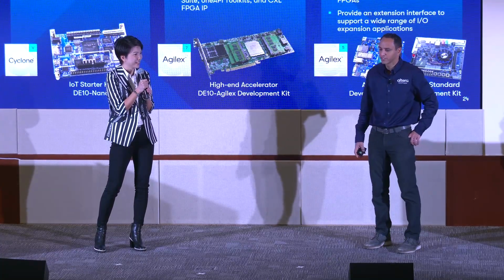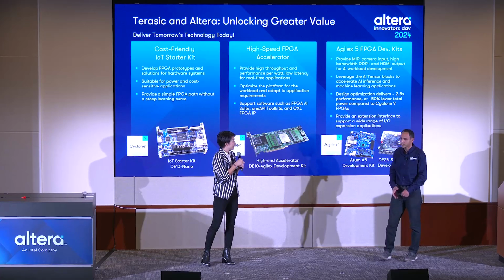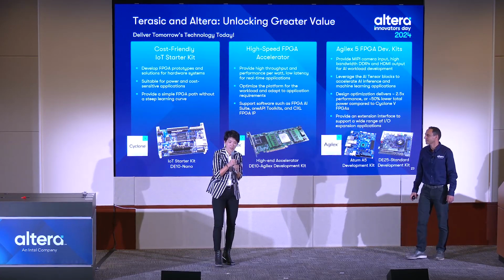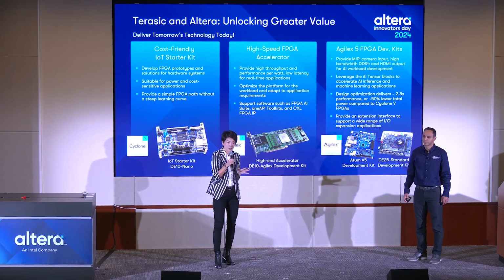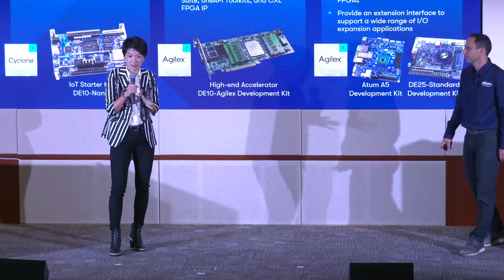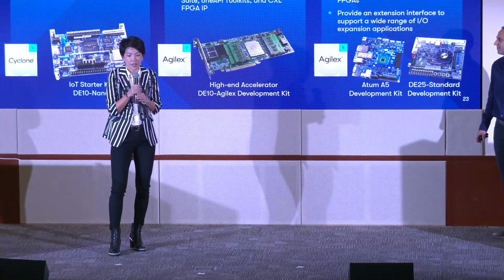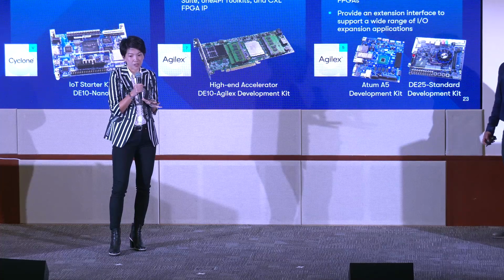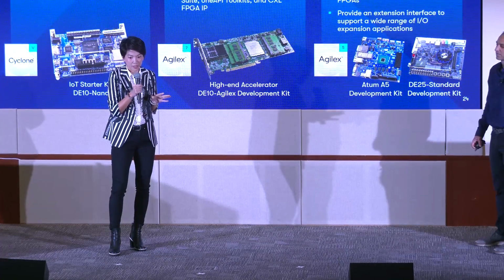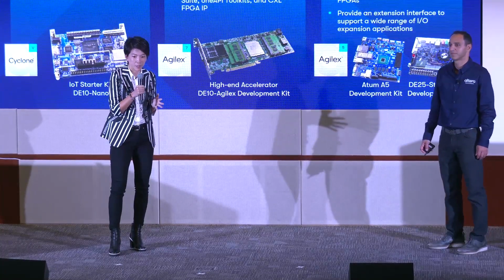Maybe you can tell us a little more about the Agilex 5 platforms here. Of course. At Terasic, we offer platforms based on different densities of the Altera Agilex 5 FPGA. We have introduced the Atum A5 development kit, which was introduced earlier by Sandra in the morning, and also the DE25 standard development kit. The Atum A5 development kit is an out-of-the-box development platform for AI applications.